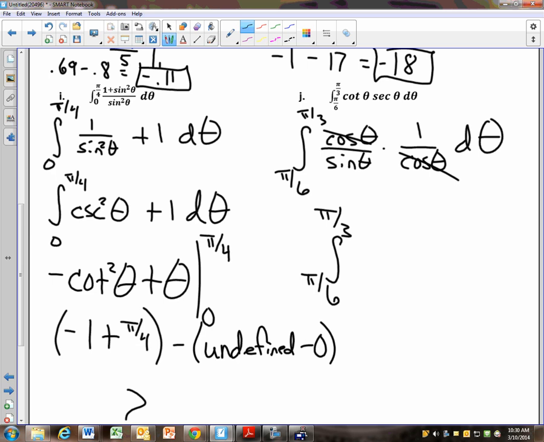And what is 1 over sine? Cosecant. Do you know the antiderivative of cosecant? If it was squared, you knew it. We don't know that yet. Now, it does exist. I'm just trying to show you that there's a lot that we can find, but there are so many other ones that we can't find. Here, I'll rattle it off for you right now. Yeah, if it didn't work out, you could do that. That would be fine.